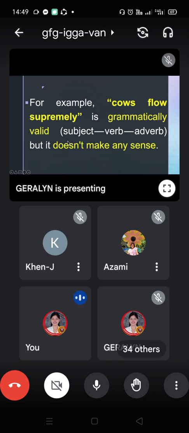So in that case, tama ang iyang meaning, there is semantics there. However, sa syntax pud siya nabagsak. Kay wala man niya na follow ang grammatical structure, especially ang subject-verb agreement. So, yun ana ang relationship between syntax and semantics.